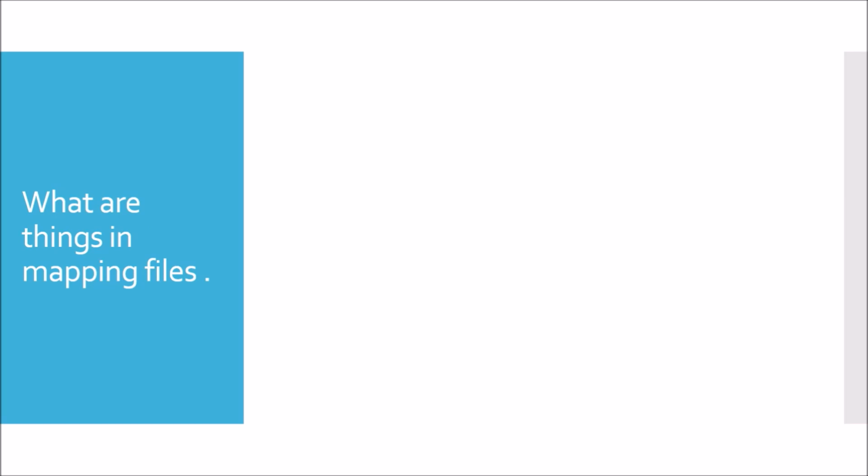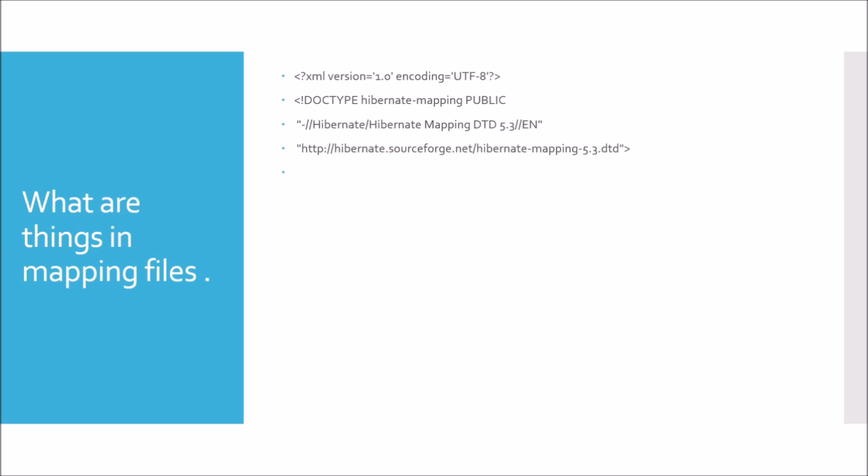What are the things in mapping files or hibernate.hbm.xml? Again, it is an XML file, so first tag would be the XML tag and then it would be hibernate-mapping. Similarly, like hibernate.cfg.xml, interviewer looks to listen for hibernate-mapping tag.